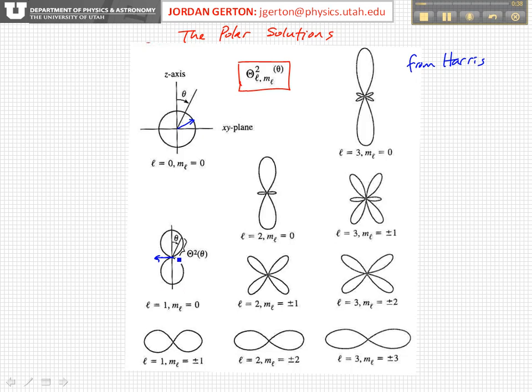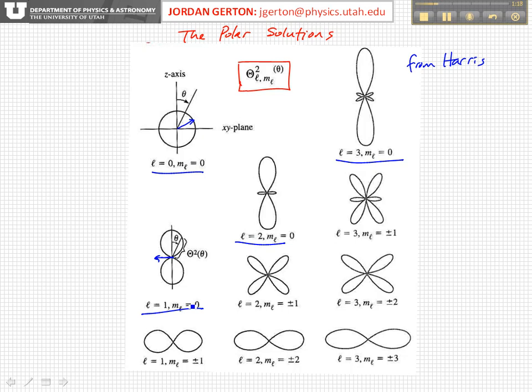Now let me pause really quick and say that all the ML equals 0 states, that is this one, this one, this one, and this one, have a large probability density along the z-axis. And this, in some sense, makes sense, knowing that ML quantizes the angular momentum along the z-axis.